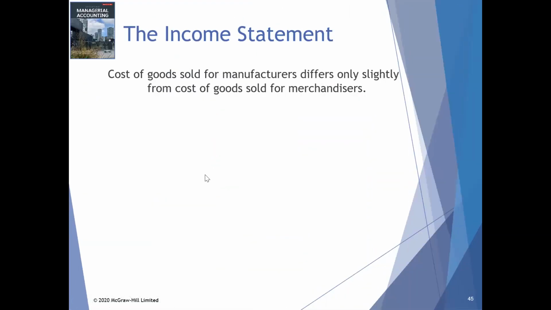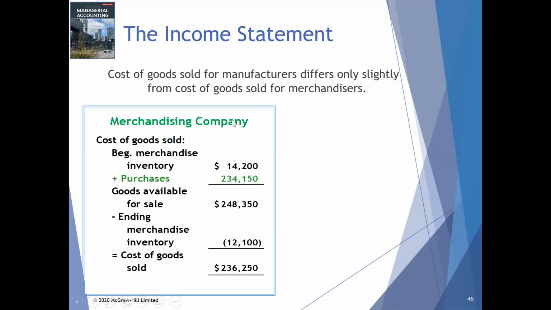Income statement. Cost of goods sold for a manufacturer differs only slightly from the cost of goods sold for the merchandiser. For a merchandising company, you will see here how we calculate cost of goods sold. Beginning inventory, merchandise, right? Costco I'm talking about, Superstore, Best Buy.